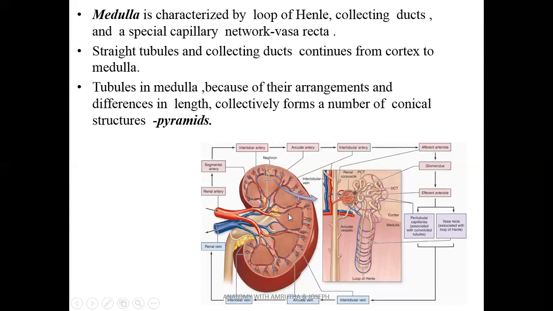Because of the particular arrangement of the nephrons inside the deeper area, there can be seen pyramids. So inside the pyramids there are nephrons, in a particular arrangement. And some part of the nephrons can be seen on the outer aspect as well, that is the cortex region.